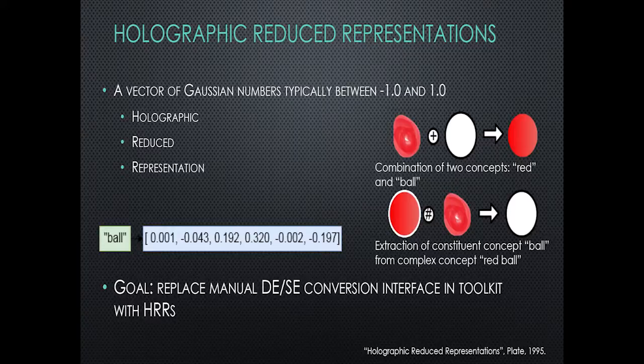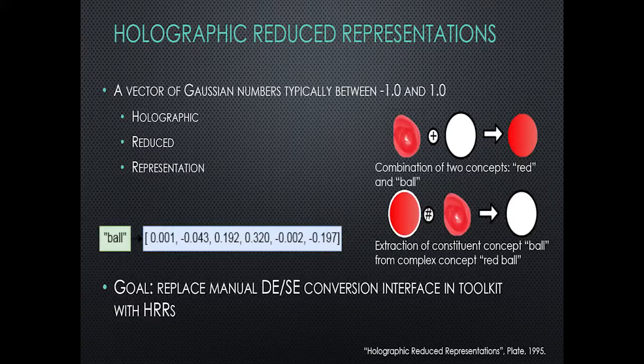What makes these so powerful is the types of operations that you can do. Basically, there's a bunch of math called circular convolution and circular correlation. We won't go into that.